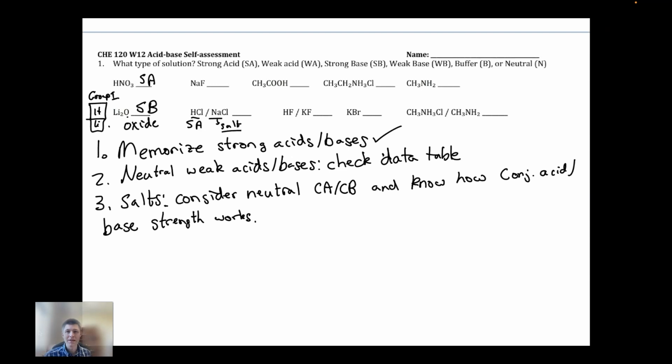Now some of these next ones are for neutral weak acids and bases. We can remember what the typical types of neutral weak acids and bases are, and if we're unsure, we can always check the data table. Neutral weak acids and bases are going to typically be covalent compounds.